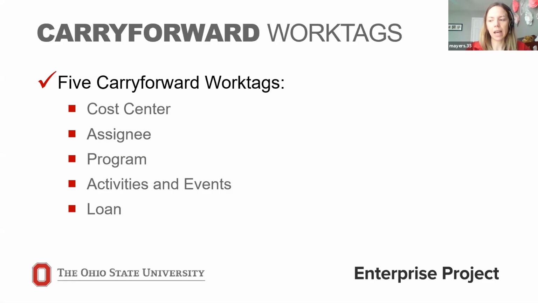Each of these work tags allows equity balances to be carried forward into the next year. Arena is now going to show us in a sources and uses report where you will see ending equity for a specific cost center.